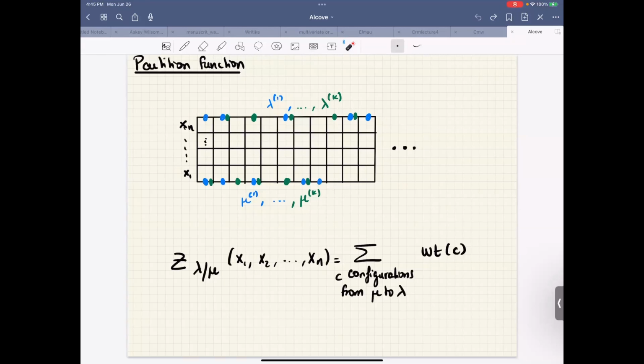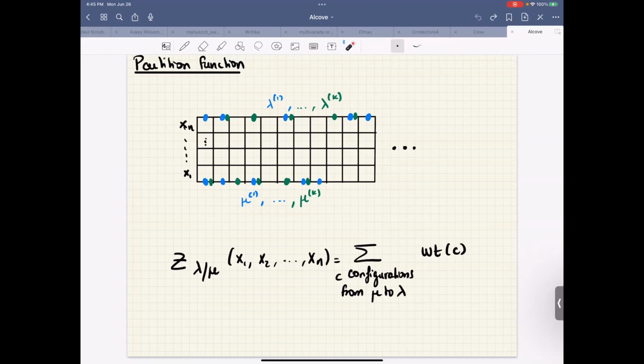But now we're not going to have only one Maya diagram of a partition. We're going to have k Maya diagrams of k partitions. So you fix mu 1 up to mu k, and lambda 1 up to lambda k, all partitions. Then we're going to do configurations from mu i to lambda i, but taking into account these interactions.